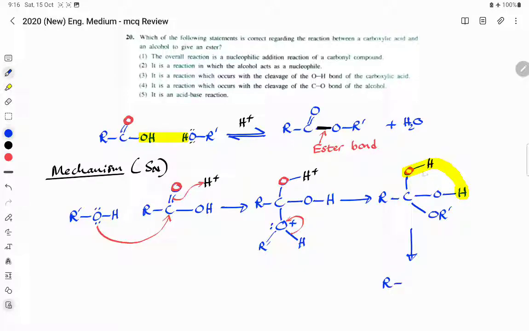Now when this OH is removed, the carbon gets an empty orbital. When this hydrogen is removed, the oxygen gets an empty orbital. So both of them can complete their octets by making a bond between them. So there will be a carbon-oxygen double bond, and this OR group is also there. The water molecule will be radioactive because the radioactive oxygen is connected to the water molecule.